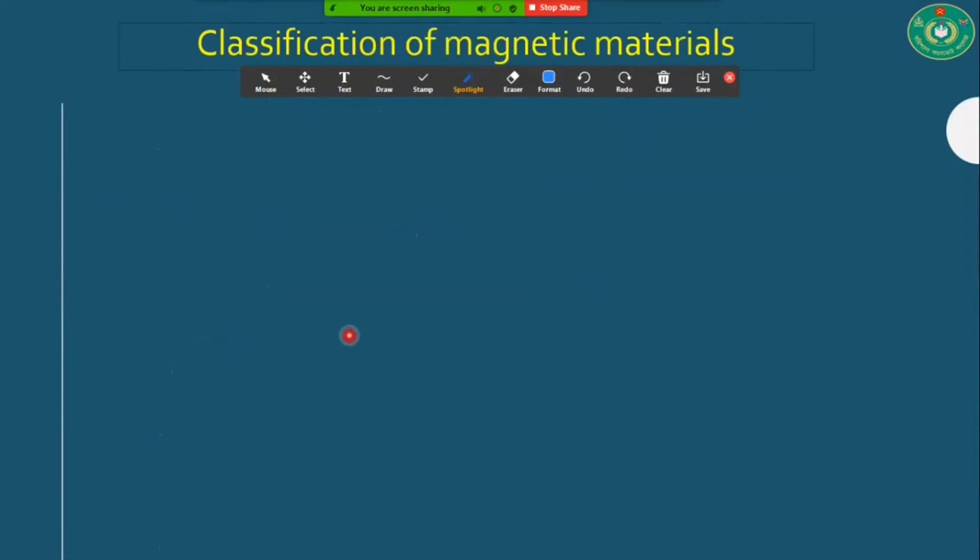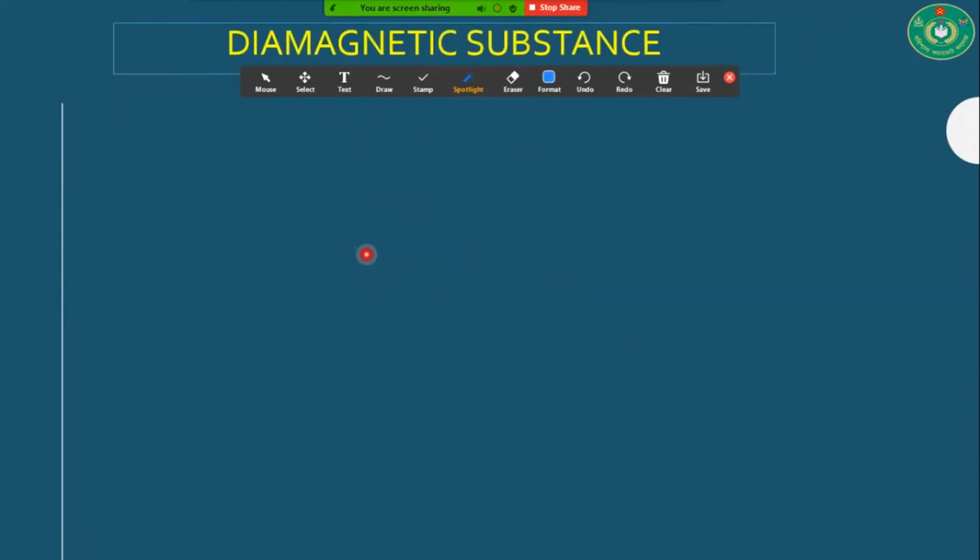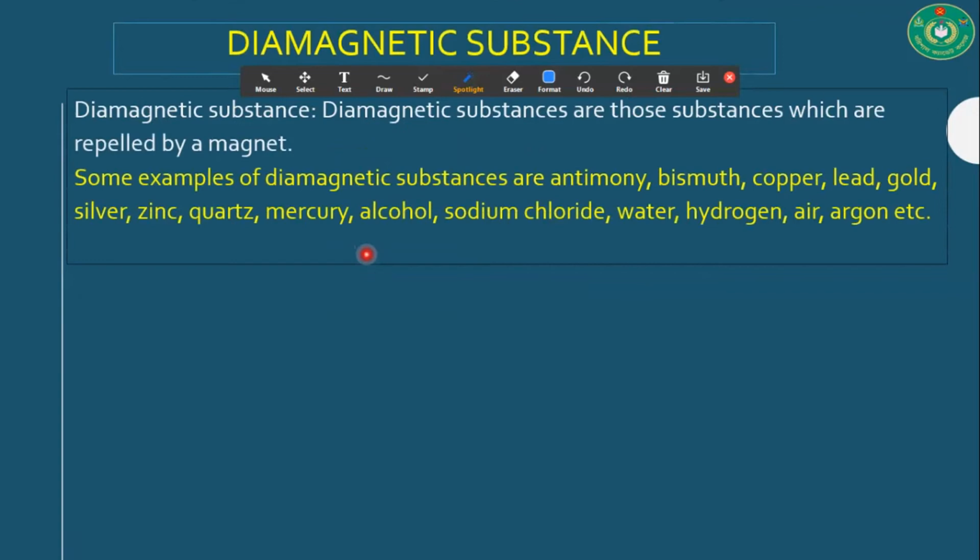Classification of magnetic materials. There are 5 types of magnetic materials: diamagnetic materials, paramagnetic materials, ferromagnetic materials, anti-ferromagnetic materials, and ferrimagnetic materials. Diamagnetic substances are those which are repelled by a magnet.